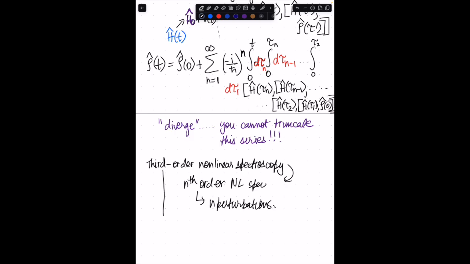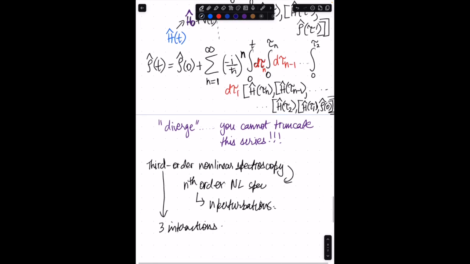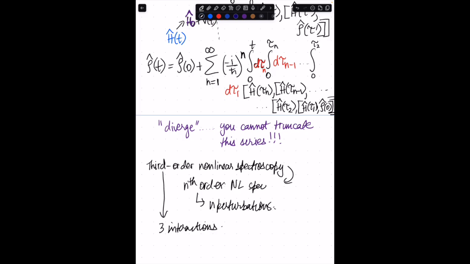If you consider third order nonlinear spectroscopy, you have three interactions of the matter system with the light field. So if I was solving the third order nonlinear spectroscopy problem, I would have to consider the n equal to 3 term from our series. Higher order terms must not be considered and the third order term would be considered in this case, because you only have three light-matter interactions.